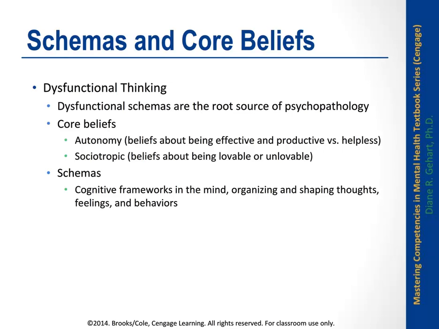There are intermediate beliefs that sit between these automatic thoughts and the lower levels of core beliefs and schemas. So the intermediate belief is that breakups are bad. Then you can go one level deeper to core beliefs.